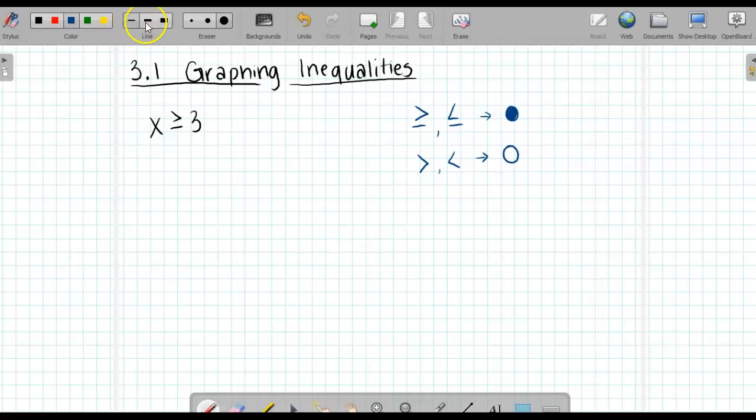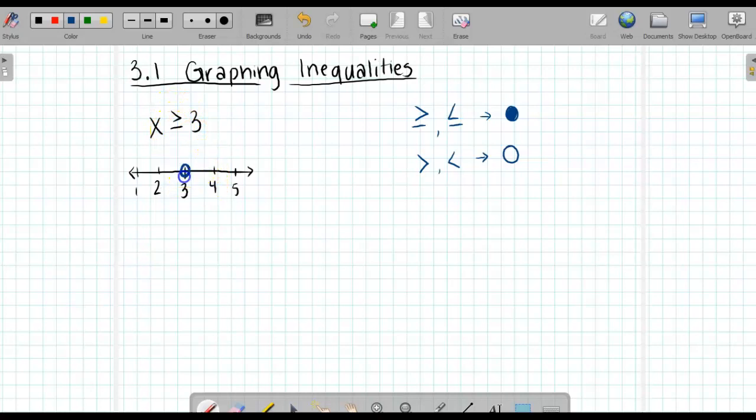So if I want to graph x is greater than or equal to 3 on the number line, first I would start off with a number line. Whenever you graph these, I want you to at least put a number on either side. If you put more, that's fine. So you're thinking here 1, 2, 3, 4, 5. That's a piece of the number line that we're looking at. And so we are going to see, first of all, that we have a greater than or equal to sign.